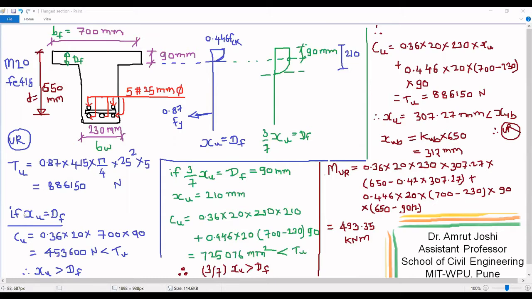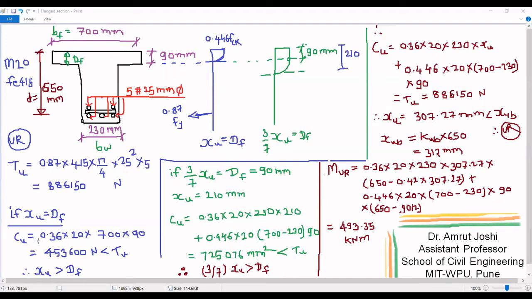The next step that we do is we assume that the neutral axis is at distance Df from the extreme compression fiber, that is xu is equal to Df. If we make that assumption, then the corresponding stress distribution diagram will look like this. The entire stress block would lie within the flange, and therefore it will correspond to the uniform width of BF, that is 700 mm.